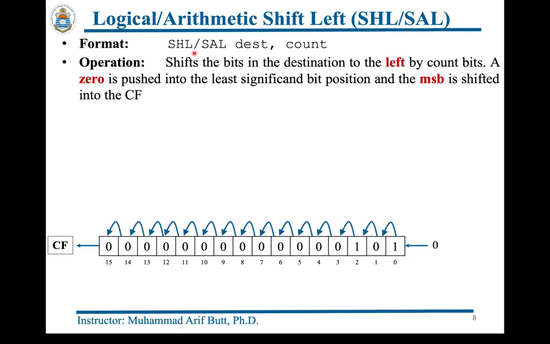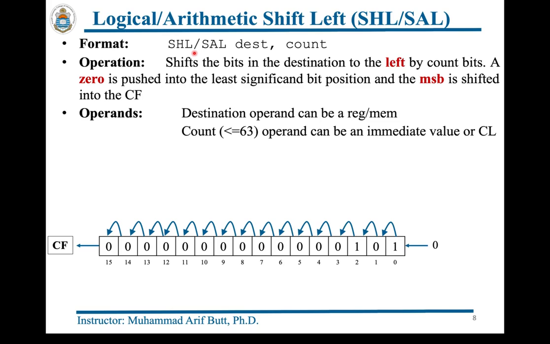Both these instructions, SHL and SAL, are two operand instructions. The first operand is the destination operand and can be a register or a memory location. The second operand is the number of times we want to perform the shift operation. Some assemblers do not allow the immediate value to be greater than 1.